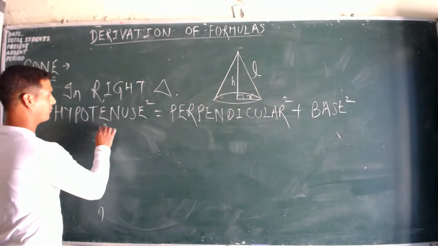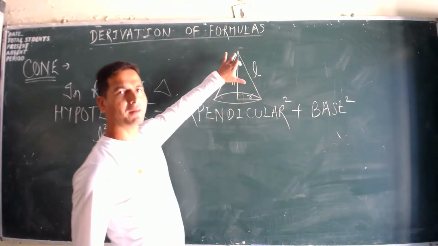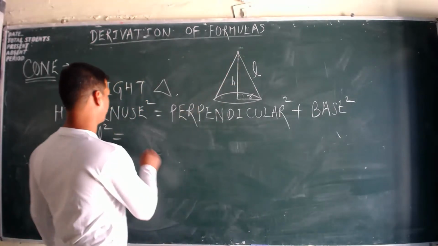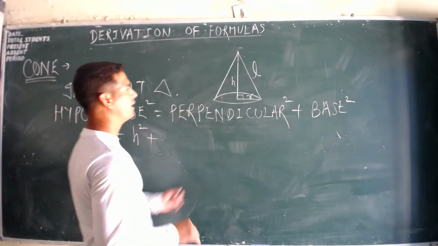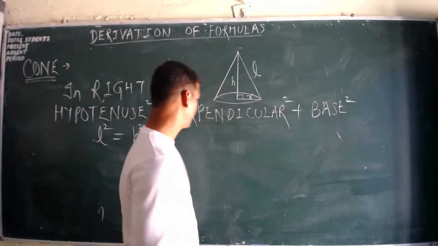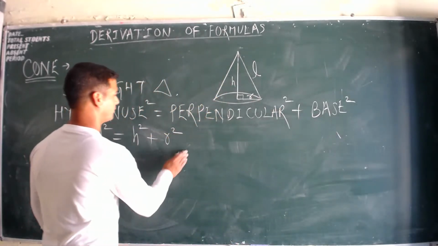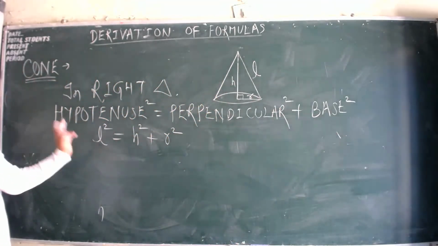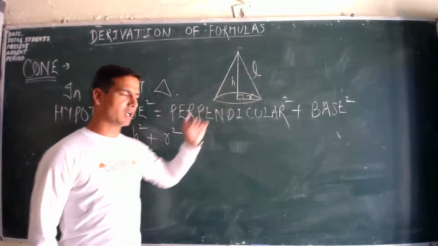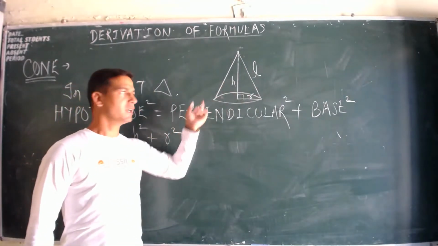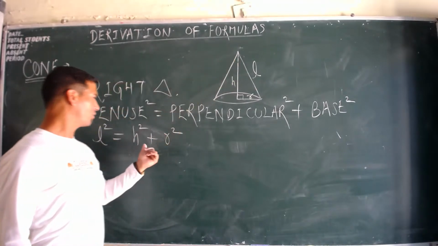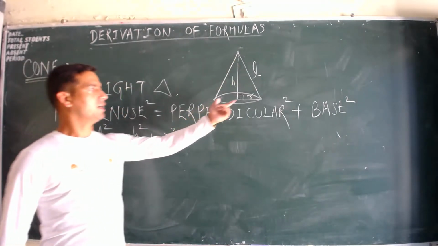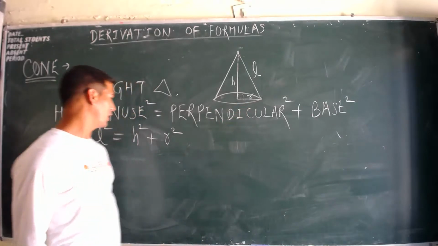So l square equals h square plus r square. Perpendicular is represented by h, so h square, and base is represented by r, so r square.